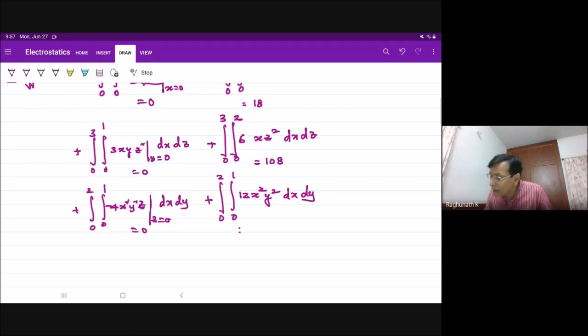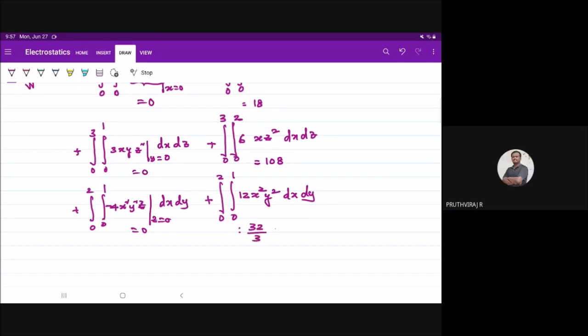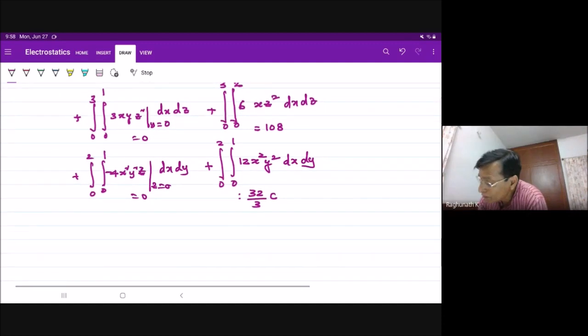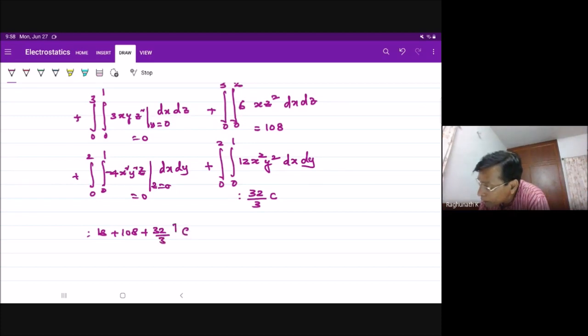Y cubed is 8 by 3. 4 into 8, 32 by 3. Correct? So total is 18 plus 108 plus 32 by 3 coulombs, which is the total charge enclosed by the closed surface that I have considered.